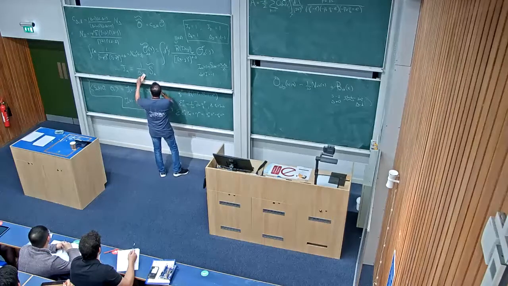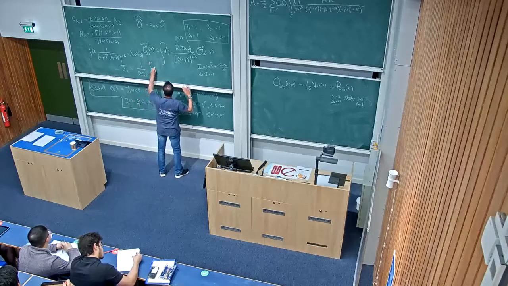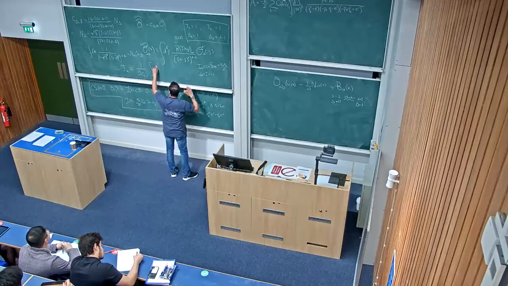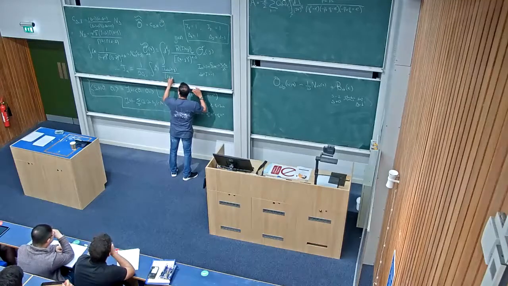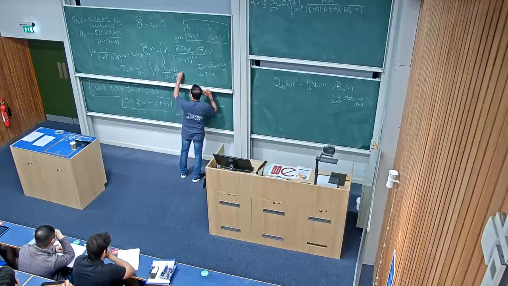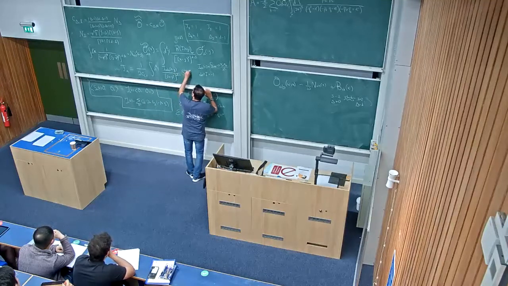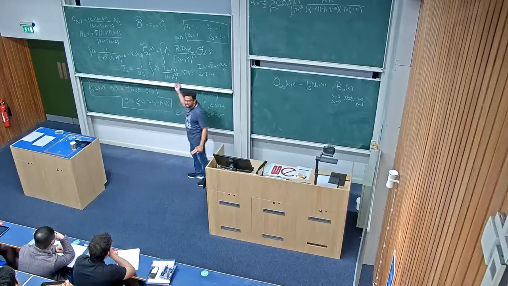So remember, what's the definition of the shadow transform? The definition of this shadow transform is the integral d^d y I_AB of (x minus y)^2 to the power d minus delta, which is 1, times S_B of y. So this is 0, but it turns out this is also 0.